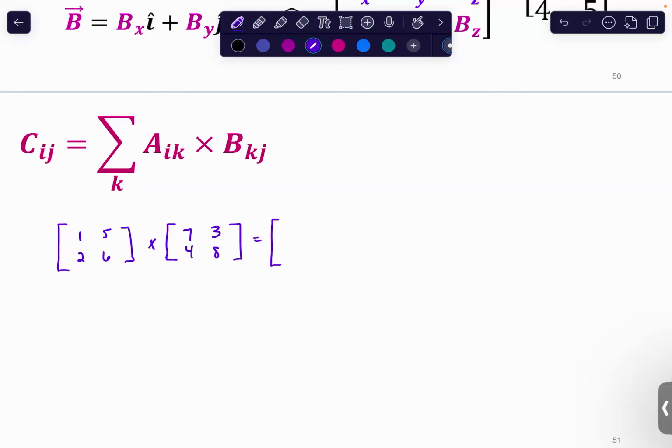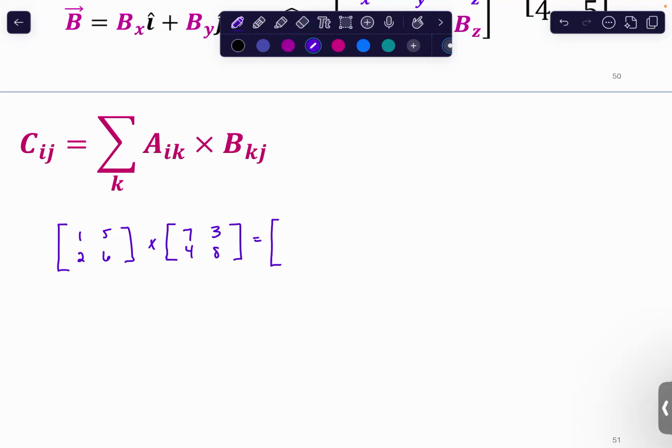Basically, what we're doing is multiplying row by column. So let's just look at the position. In this matrix, we're multiplying 2 by 2, 2 by 2, 2 rows, 2 columns. So we know it's going to have to come out 2 by 2.